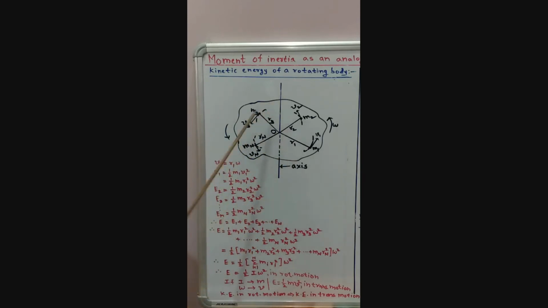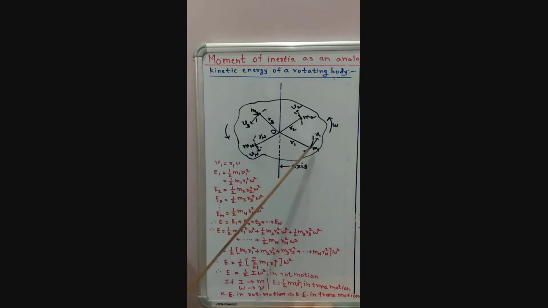As the body rotates with constant angular velocity omega, each particle revolves in a circle with constant angular velocity omega. The particle of mass m1 revolves in a circle of radius r1 with constant angular velocity omega.